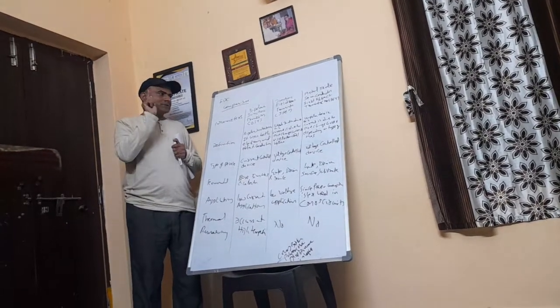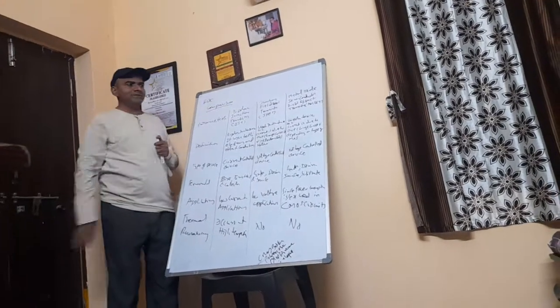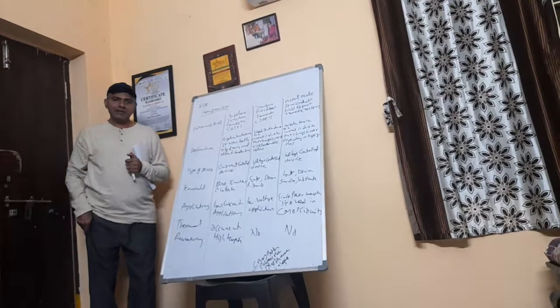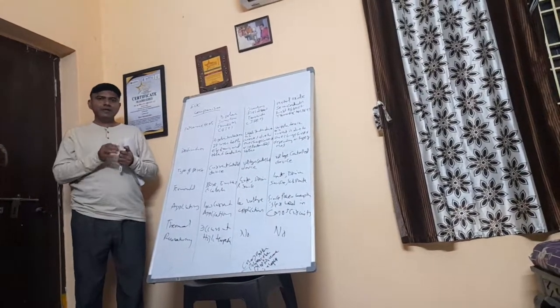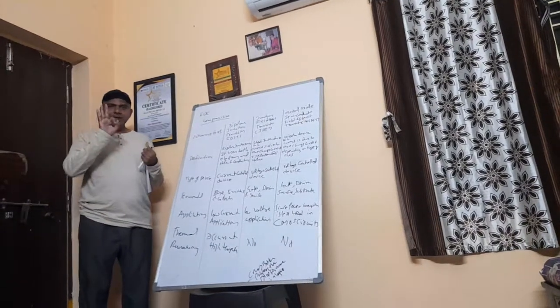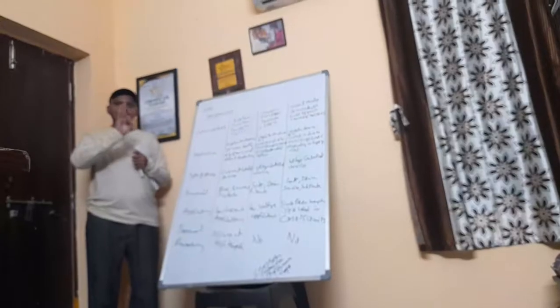The first semiconductor device is the bipolar junction transistor, the next is the junction field effect transistor, and the other is the metal oxide semiconductor field effect transistor. I am comparing a few parameters of these three devices. All three are transistors.